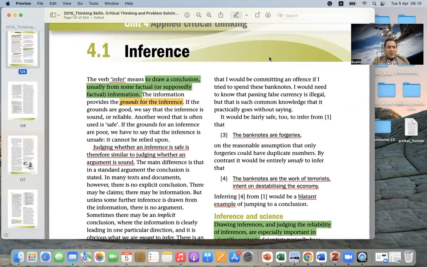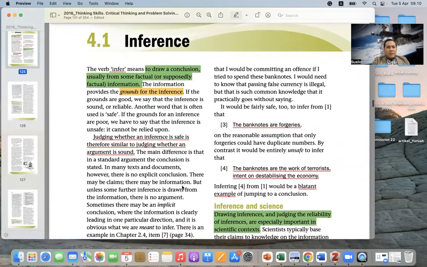Judging something, or giving the kinds of information to the readers that you want to claim. This is the inference. So judging whether an inference is safe is similar to judging whether an argument is sound. In this case, you are inferring, and you make a kind of inference.